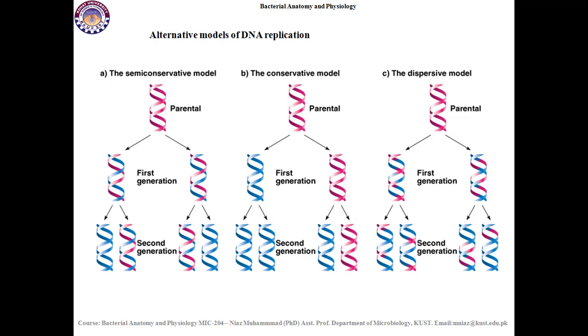It is the most accepted and proven model, considered the most acceptable and valuable, and it has been accepted throughout the world. In the conservative model, what they are saying is that parental DNA will work as a template, and daughter DNA will form on the parent DNA. So parent DNA will be separate from it, and daughter DNA will be separate from it.